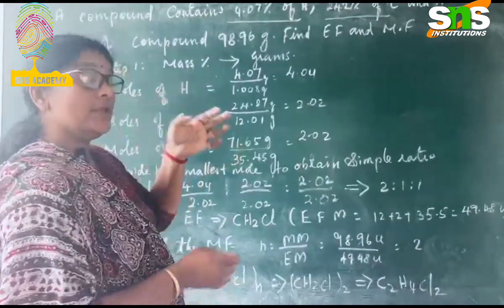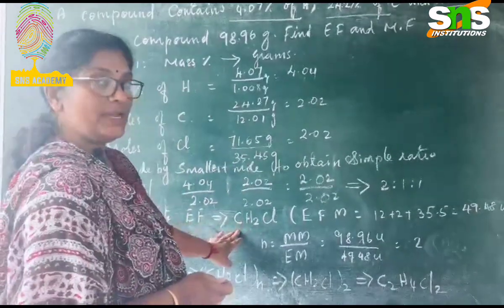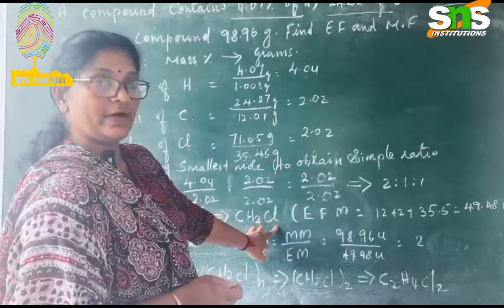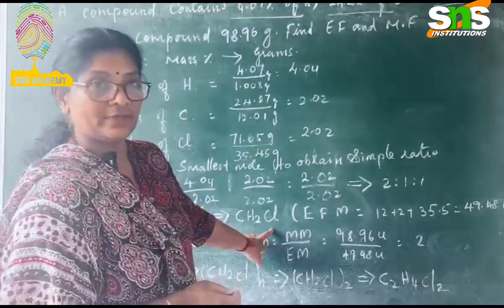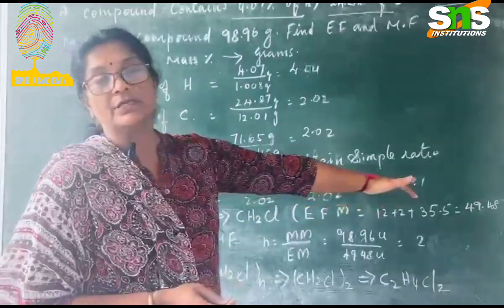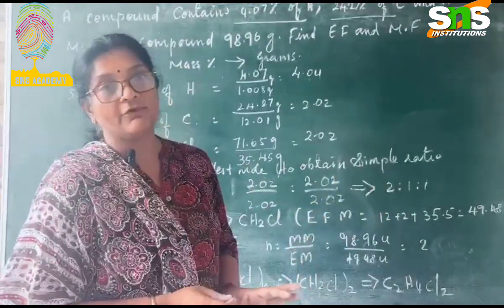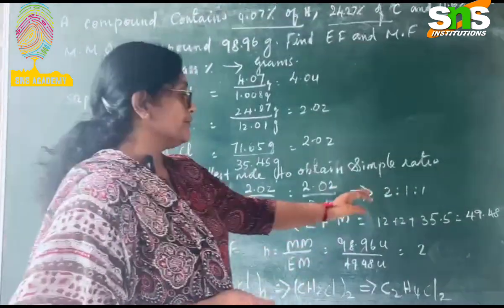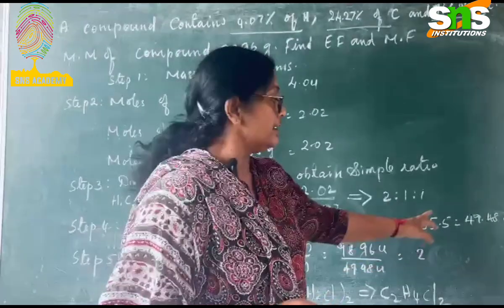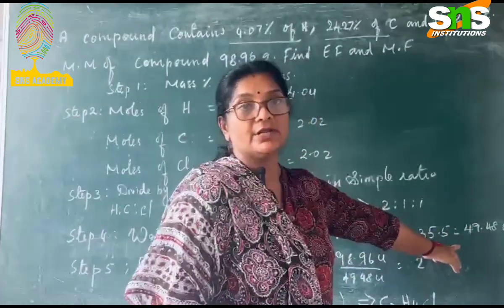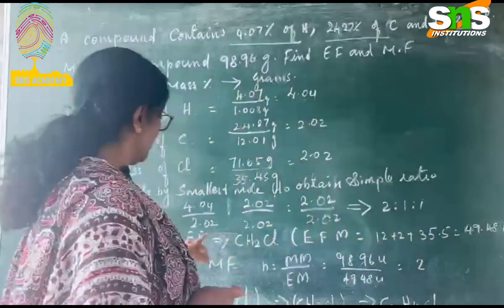If you calculate the empirical formula mass as 12 plus 2 plus 35.5, because that is the atomic mass of each of them, when you sum up, you will be getting the empirical formula mass of it, and that is equal to 49.48.